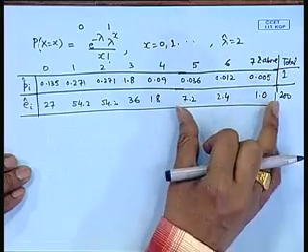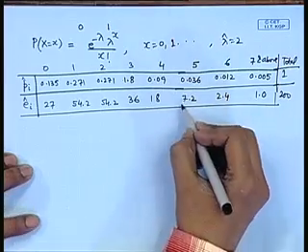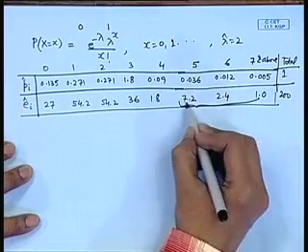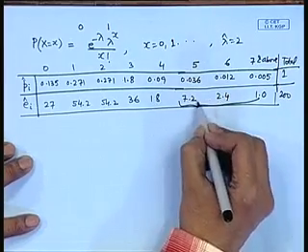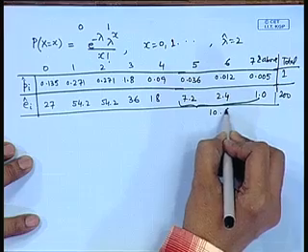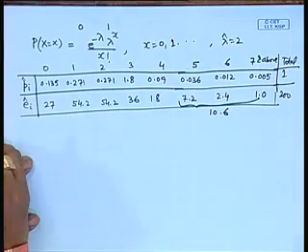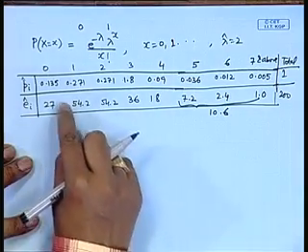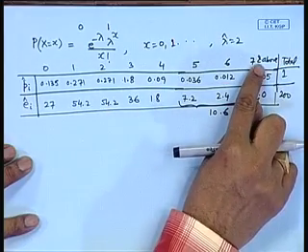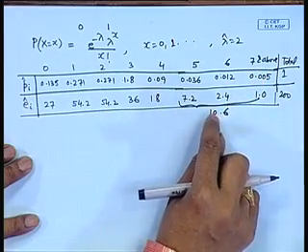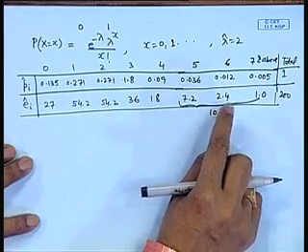So, what we do, we merge the last 3 cells. So, if we merge these last 3 cells and add up, we will get 10.6 as the expected frequency, which is above 5. So, in place of 8 cells, now we have only 6 cells.